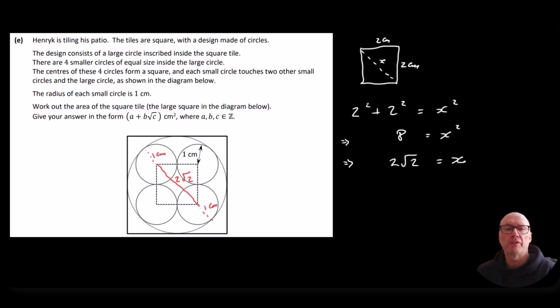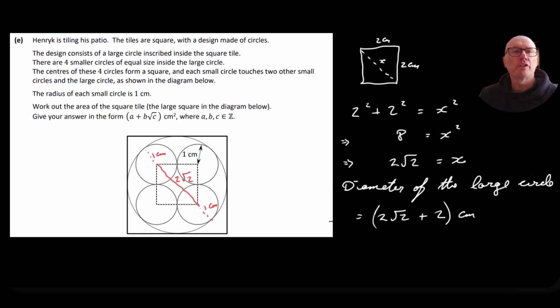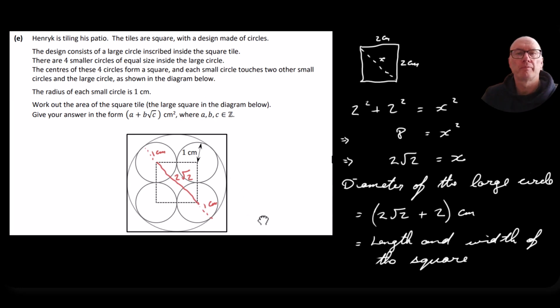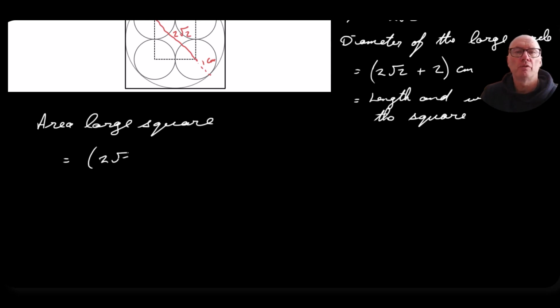So I can now find the diameter of the large circle. That's equal to 2 root 2 plus 2 centimeters. That is also equal to the length and width of the square. So the area of the square, the large square, is equal to 2 root 2 plus 2 times 2 root 2 plus 2, length times width in other words.